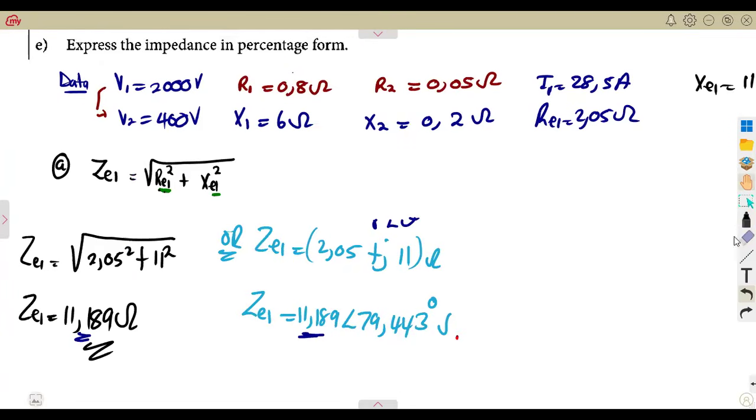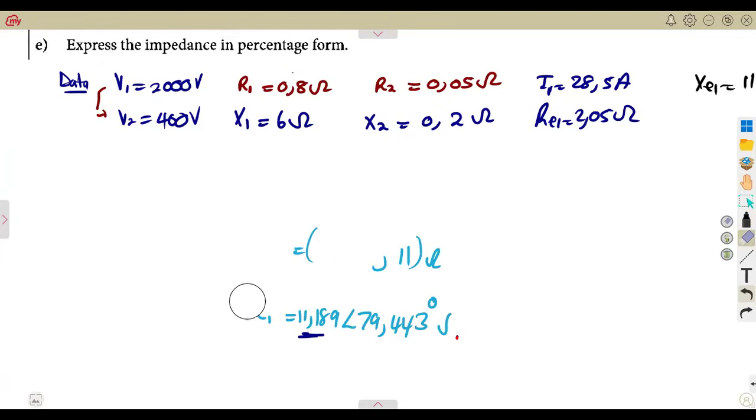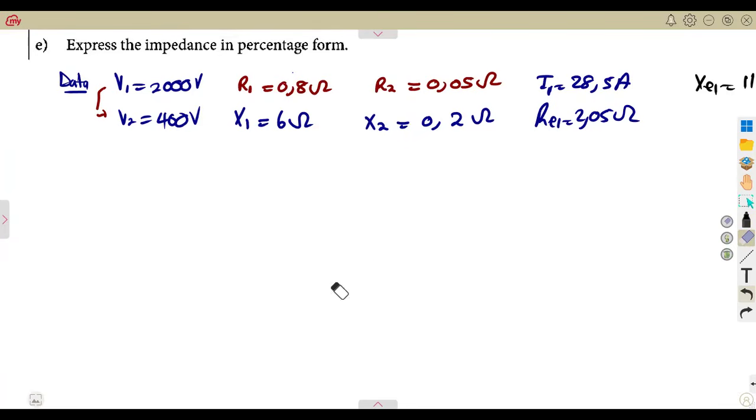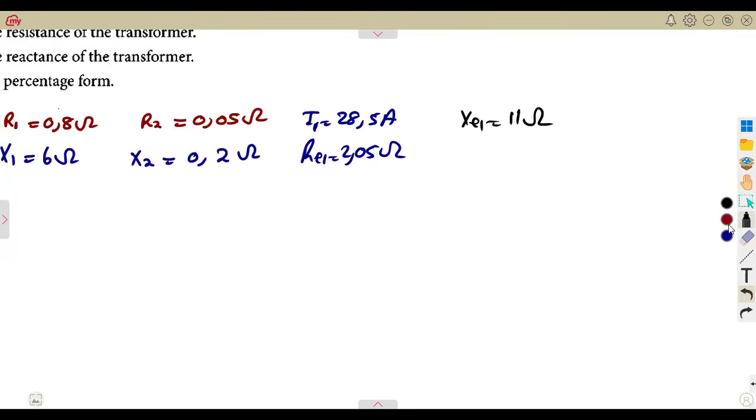And our Z1, guys, as we saw, we can have it in different ways of presentation. It depends on what you're given. This is the equivalent, so you must have an E there.